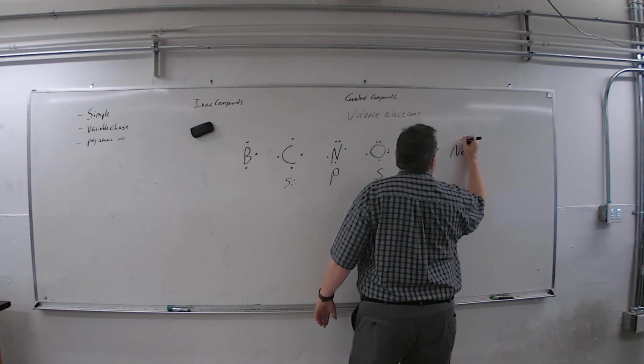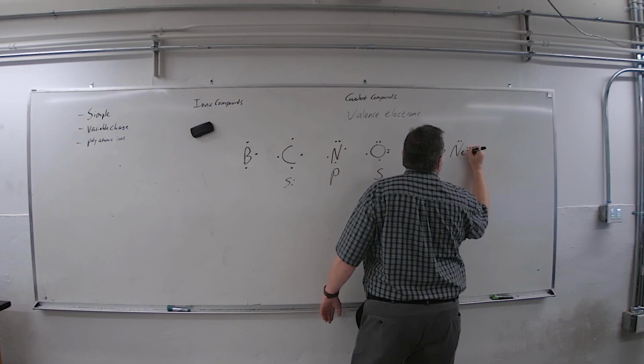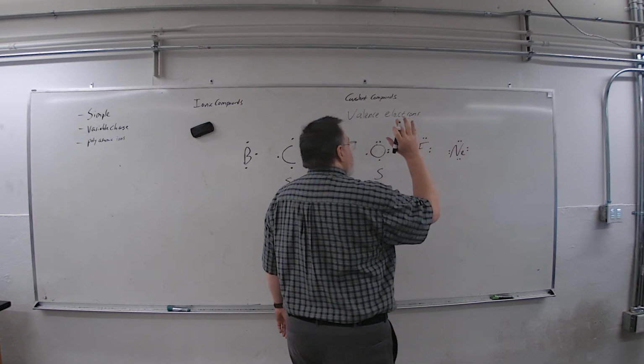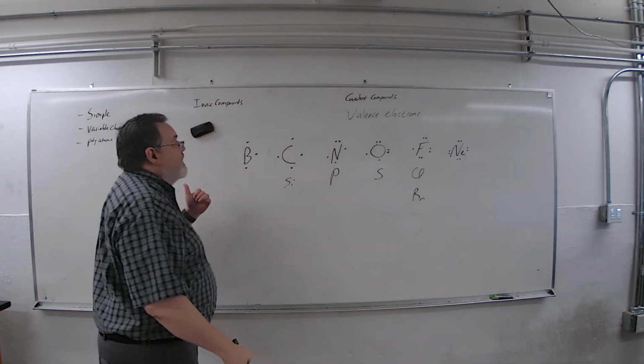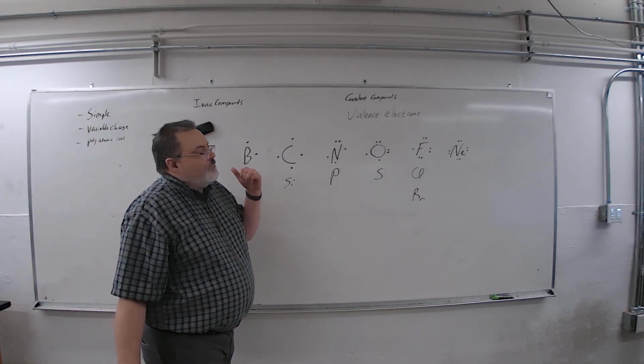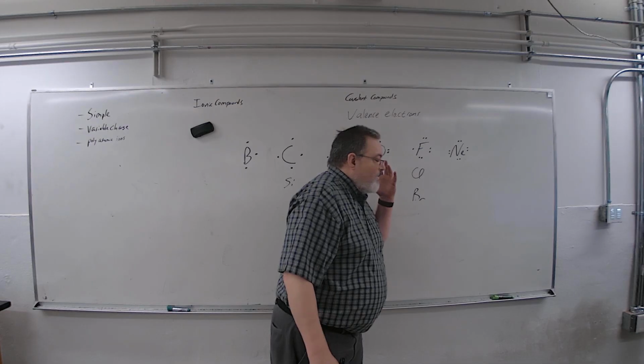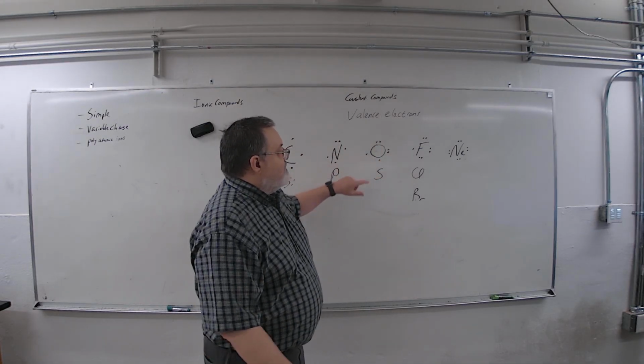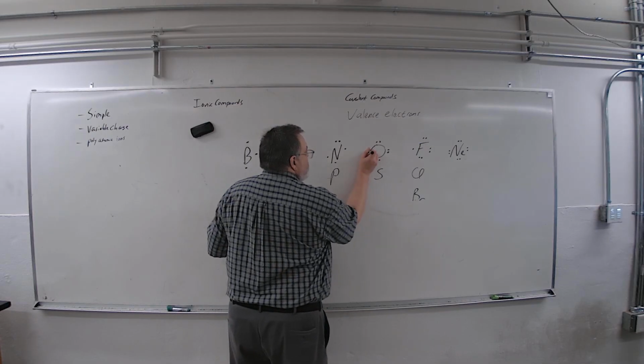I could go on to neon, which is 8, but neons don't ionize, so they don't make ionic compounds. They don't form covalent compounds. This is where I'm going, because you have to have single electrons to make these bonds I'm about to introduce.